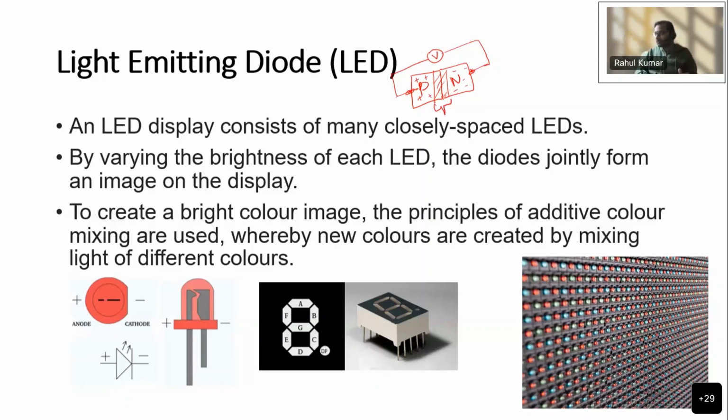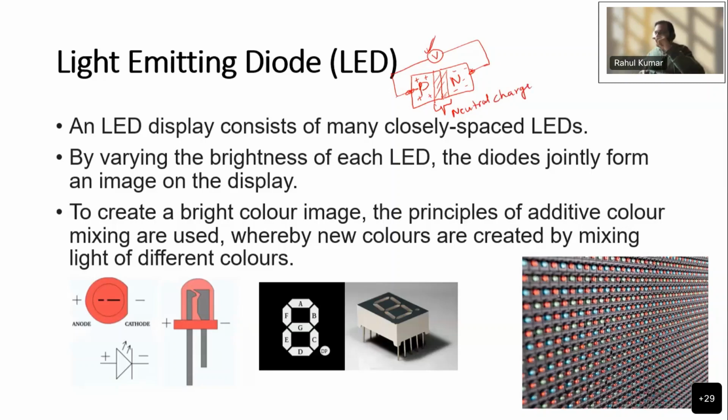So at the junction you will have a higher concentration of neutral charges, which restricts further flow of charges or electrons. So we need some voltage to break this barrier at the junction, right?